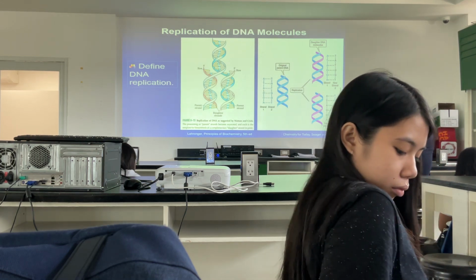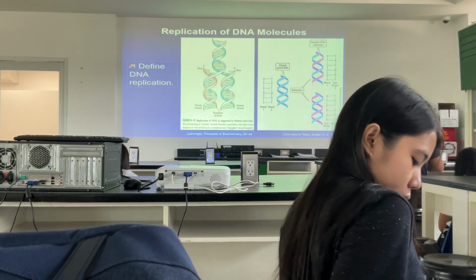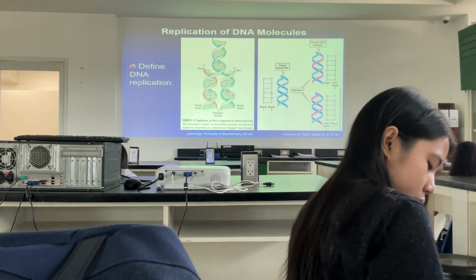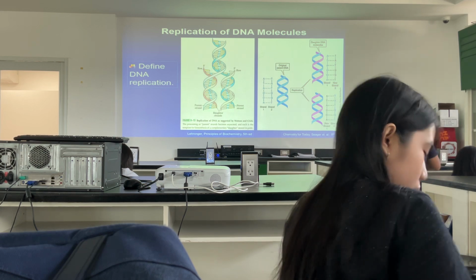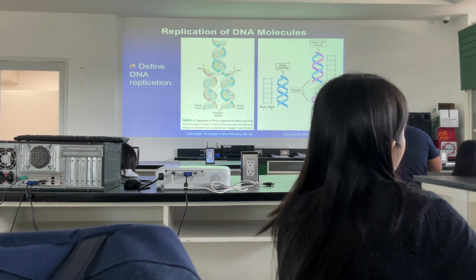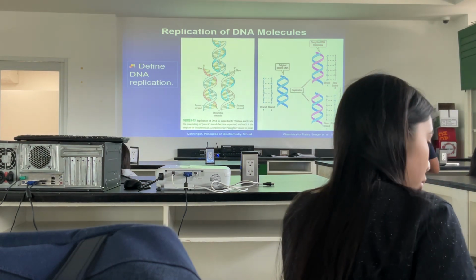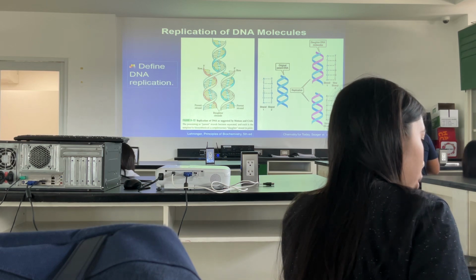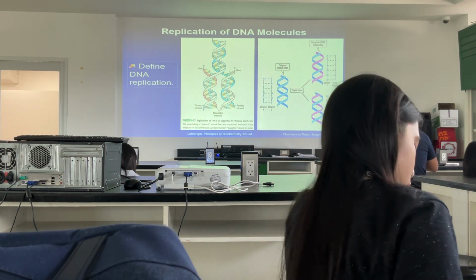So when a cell divides, DNA replication will occur. What do you call the process of cell division? Mitosis. Okay, mitosis. That's when DNA replication will occur, specifically in the S phase of the cell cycle.